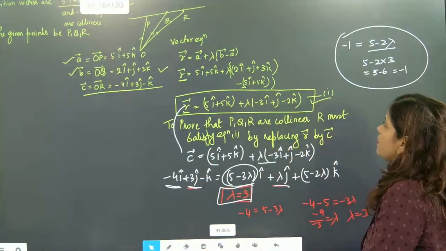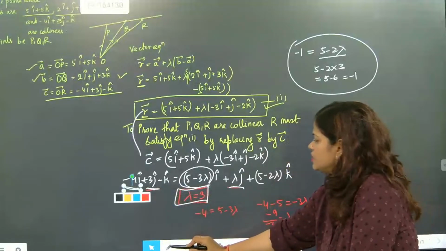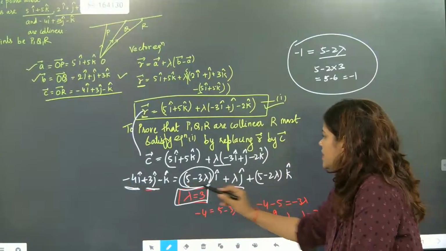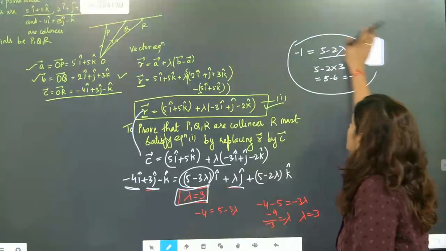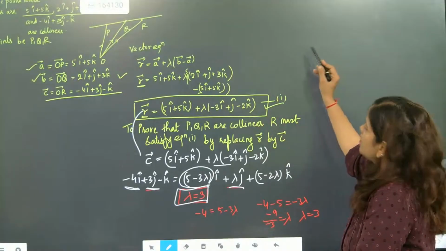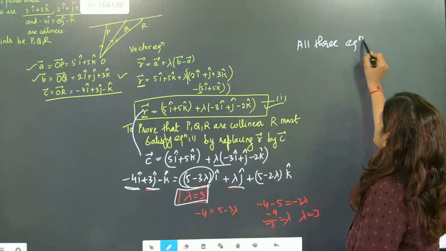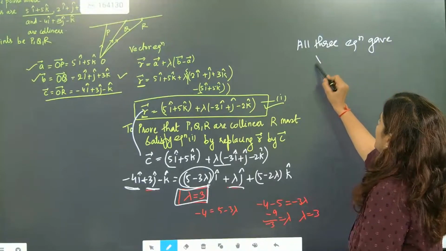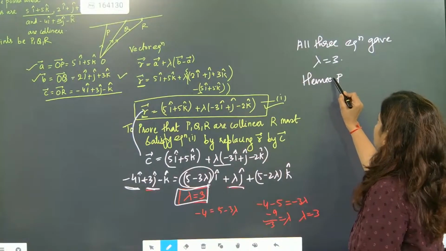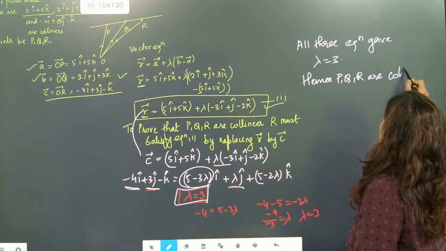So what we will write: first the i component equal to the i component, lambda 3; the j component equal to the j component, lambda 3; the k component equal to the k component also true, lambda is coming as 3. So all three equations gave lambda is equal to 3. Hence P, Q, R are collinear.